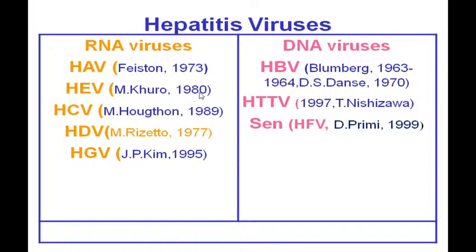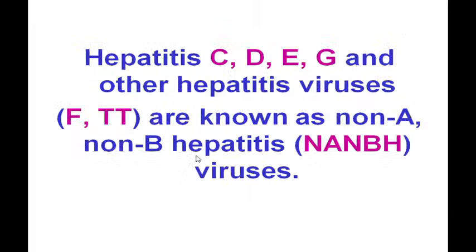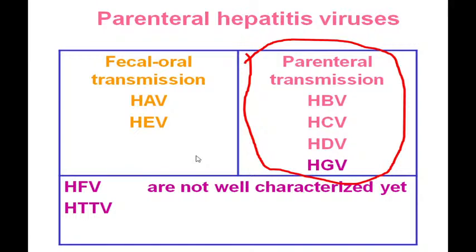E until 1980, C until 1989, then G in 1995 or so. So they are traditionally called non-A, non-B hepatitis viruses.